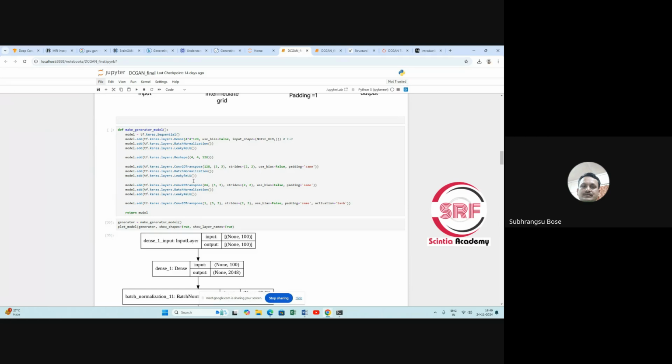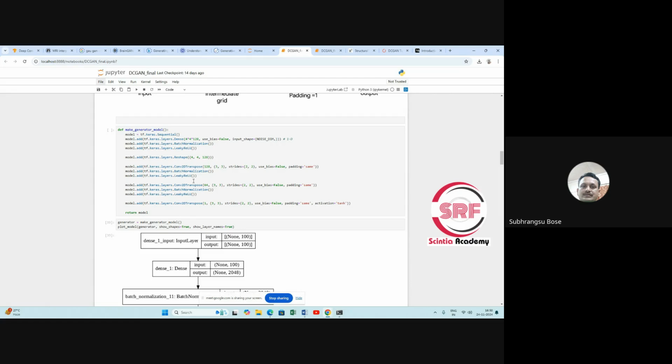But in case of transpose CNN model, channel number is reduced with the layers. That is the big difference. Another difference is height and width. In CNN case, height and width is reduced with the layers. But in case of transpose CNN, height and width is increased.